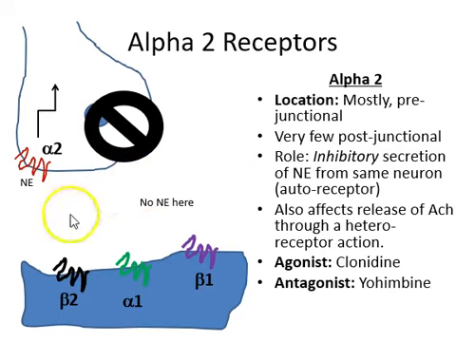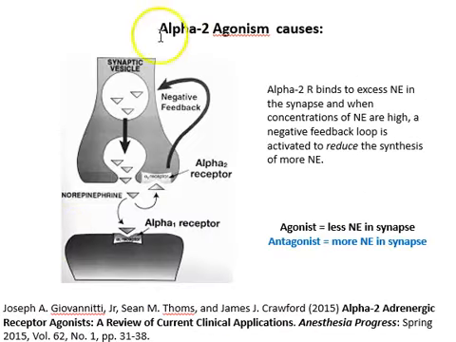All right, and so just to summarize, the alpha-2 receptor is sometimes called an autoreceptor, and when you agonize it, it instills a negative feedback loop, which we just described, okay, and basically has the opposite effect in terms of the response.